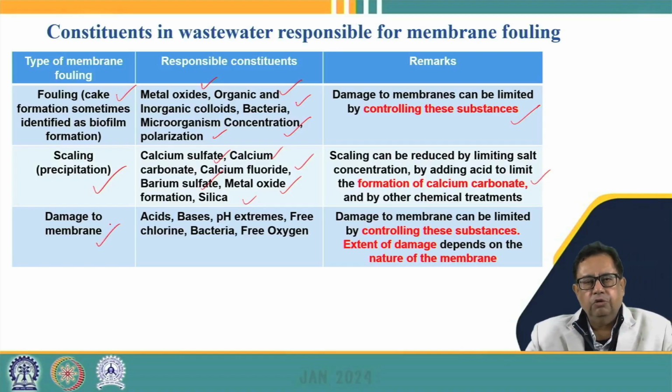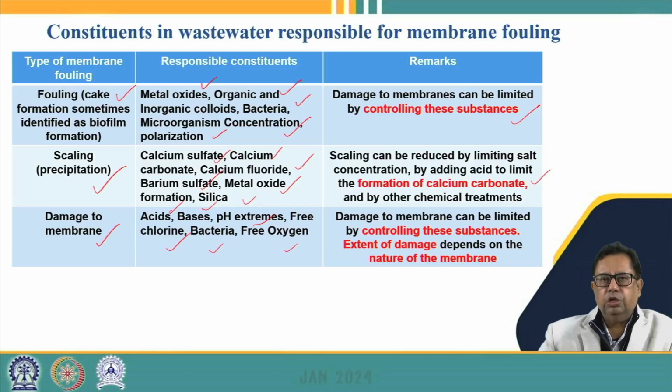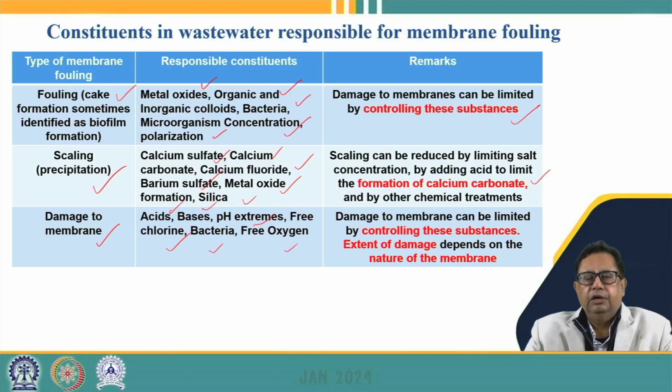Then there can be damages to the membrane also. Not only will fouling reduce the performance, but damage to the membrane will also reduce the performance of water or wastewater treatment using membrane processes. For example, we can have acids, bases, pH extremes, free chlorine, bacteria, and free oxygen. They all can lead to damage or erosion of the surface of the membrane.